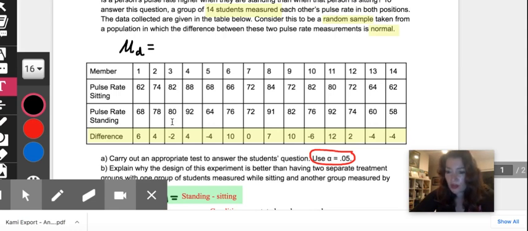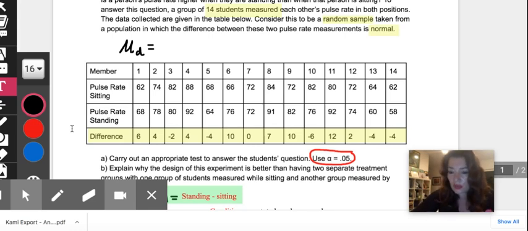So we're actually going to do a t-test on the difference, which I highlighted. So that's the first thing to understand. Once we do that, then we're really just doing a t-test. So a matched pair t-test is actually a t-test where we are taking the difference of the two measurements.